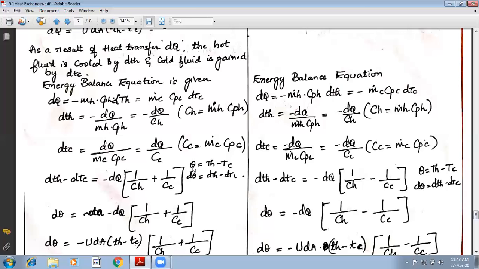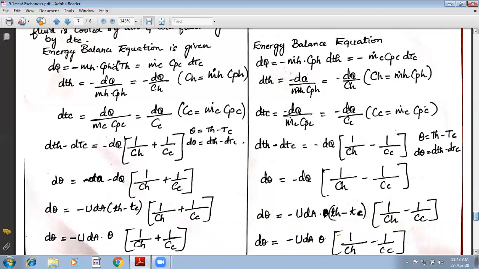Now we have already defined theta as the temperature difference between hot fluid as well as the cold fluid. If theta is Th minus Tc, then d theta will be equal to dTh minus dTc.